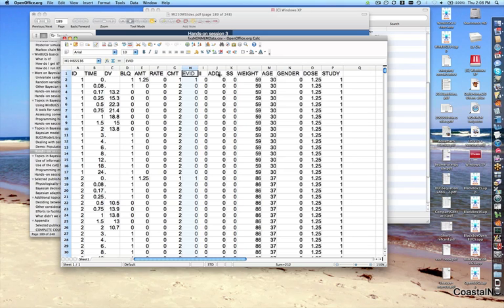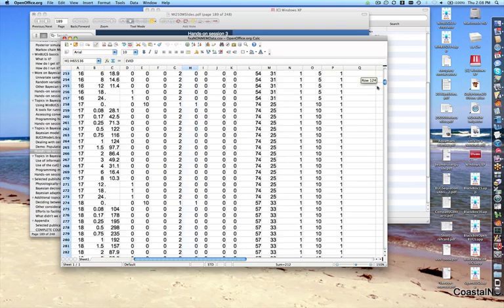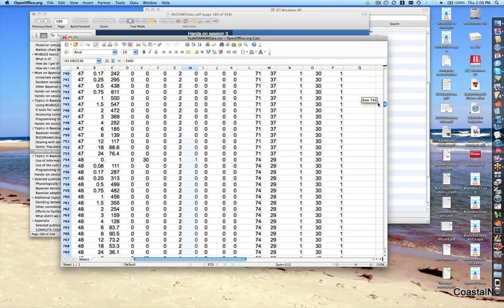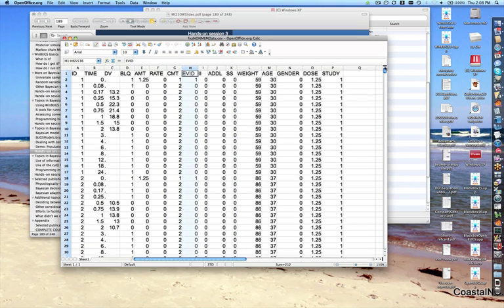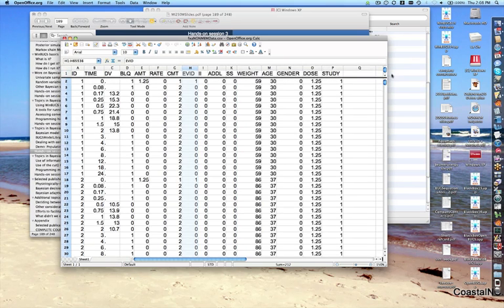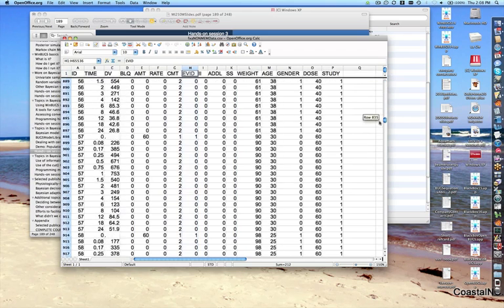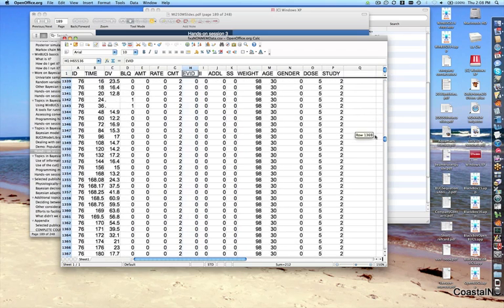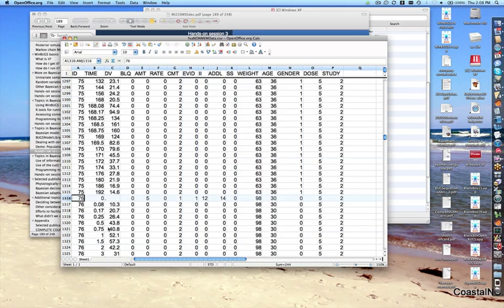Then we've got our II and ADDL, and if we wander down, I believe I actually did use that in some of these downstream. So for example, you can see in this subject right here, number 76, I've used that.